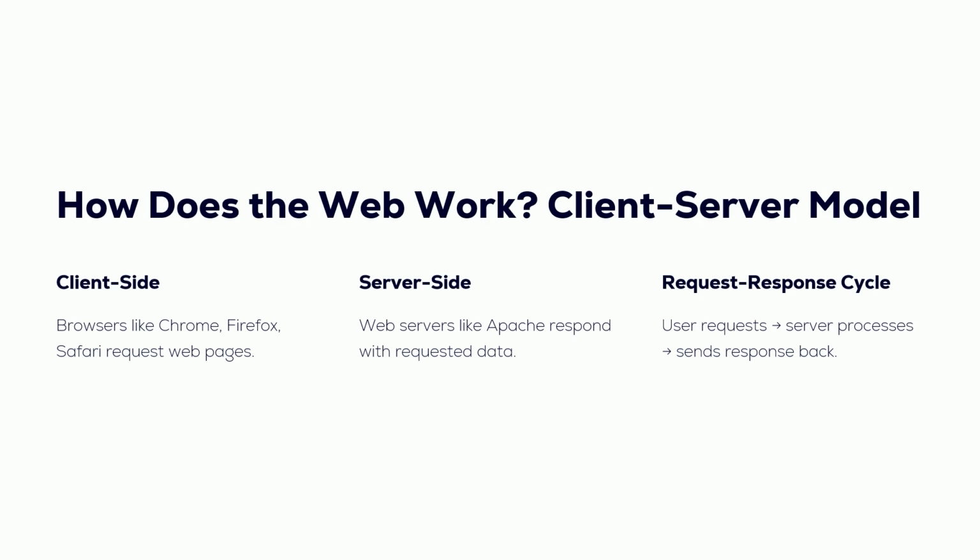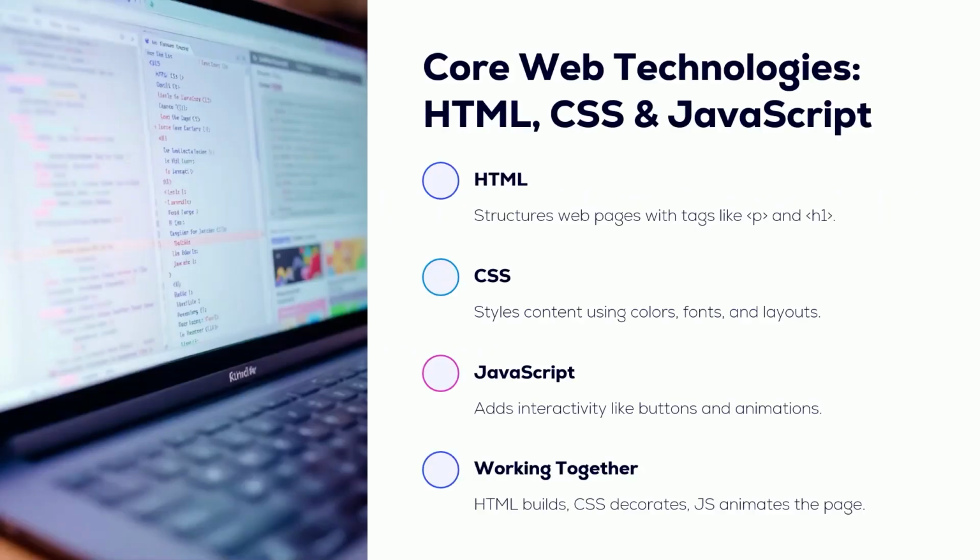Websites are basically made up of three main technologies, three basic technologies, which is HTML, CSS, and JavaScript. So HTML is the structure of web pages. These include tags like header elements, p tags, h1 tags.